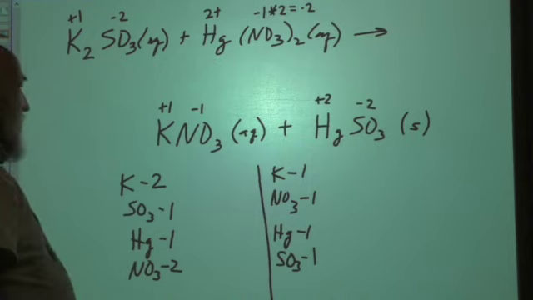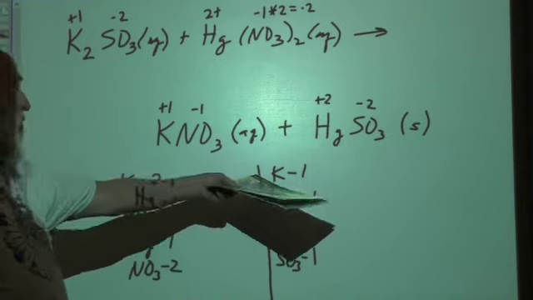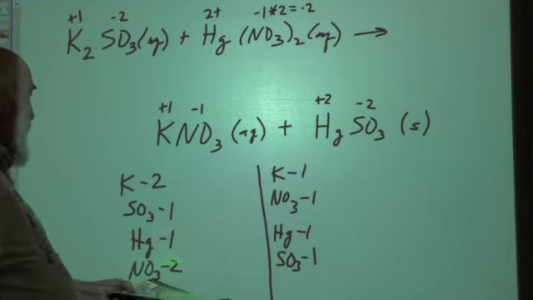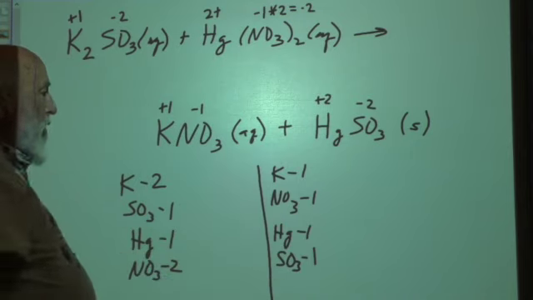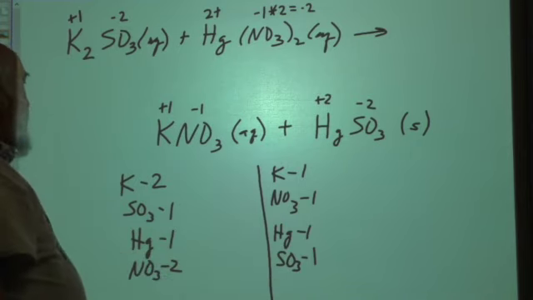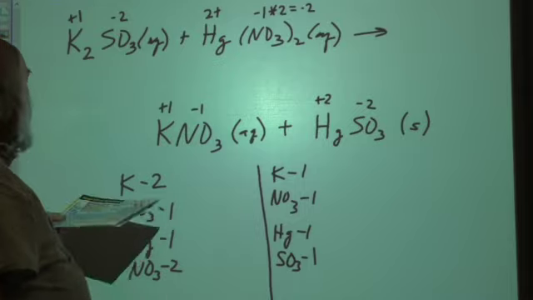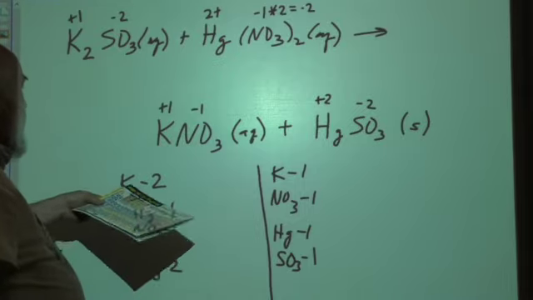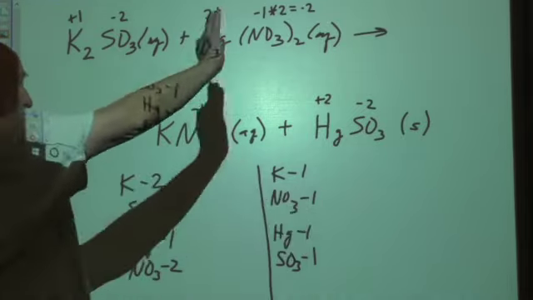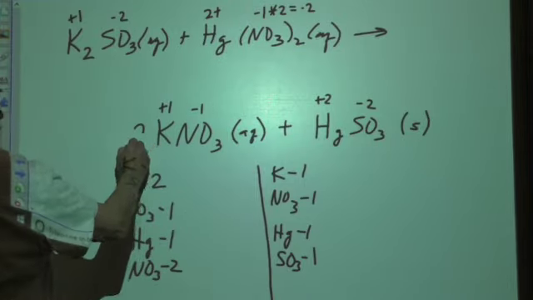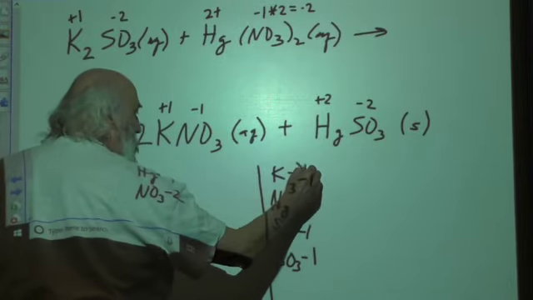So now we check to see if it's balanced. Well, K is 2, K is 1. NO3 is 2, and NO3 is 1. So that's definitely not balanced. Let's start with the K's here. If I need 2 K's over here on the right-hand side of the arrow, then I need to put a 2 there. So I'll put a 2 right there.